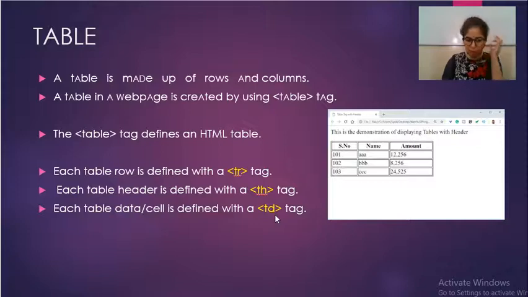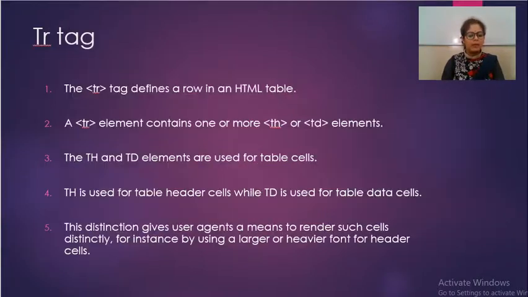So students, I hope it is clear how you create a table by using these three tags. After that, I will also show you a full example of how to create a table. So let's come to the tr tag. The tr tag contains th and td.